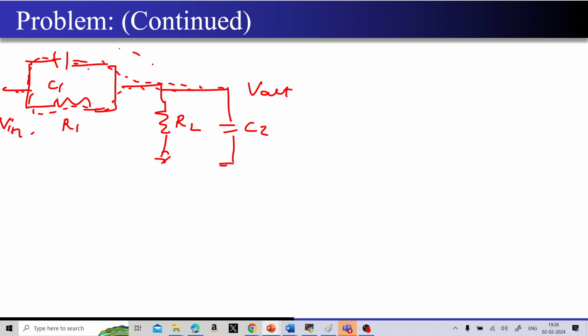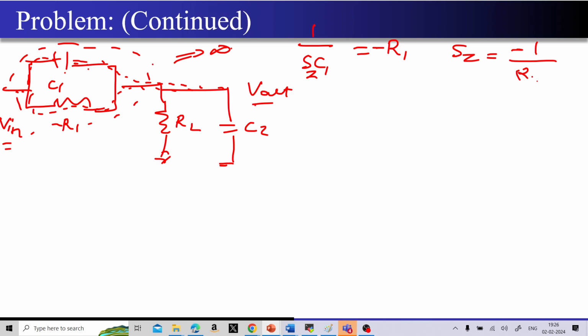This path that you are seeing over here, its impedance should go to infinity, so that there is no connection between the V out and V in, and V out will be just reduced to a value of 0. And when can that happen? These two impedances, 1 upon SC1 and R1, have to be negative of each other. So this will give me a 0 frequency. So my SZ will be nothing but minus 1 upon R1 C1.